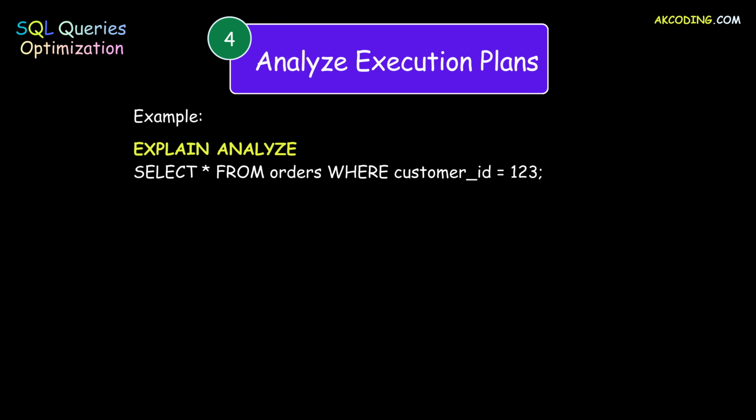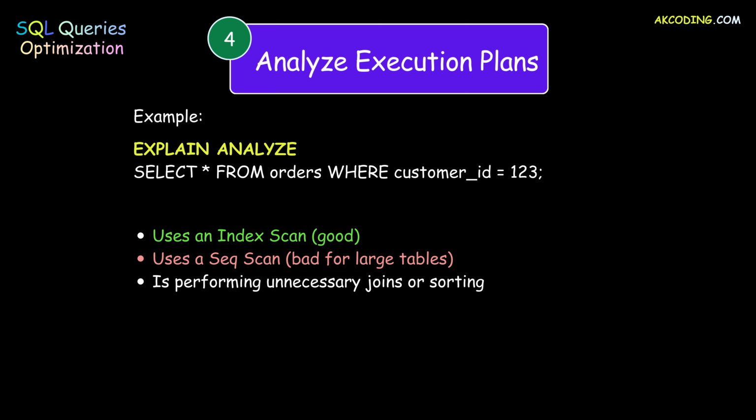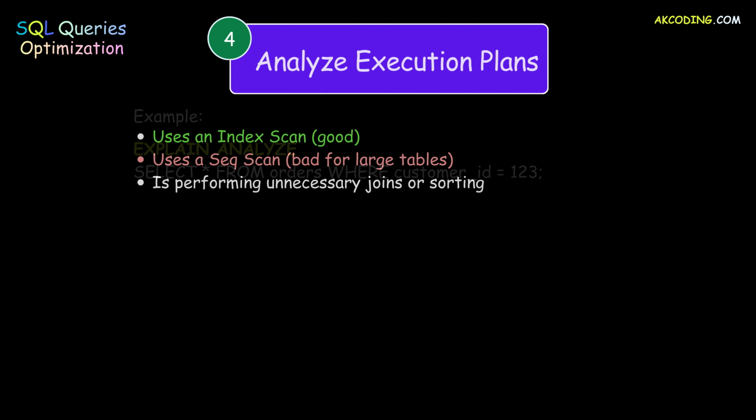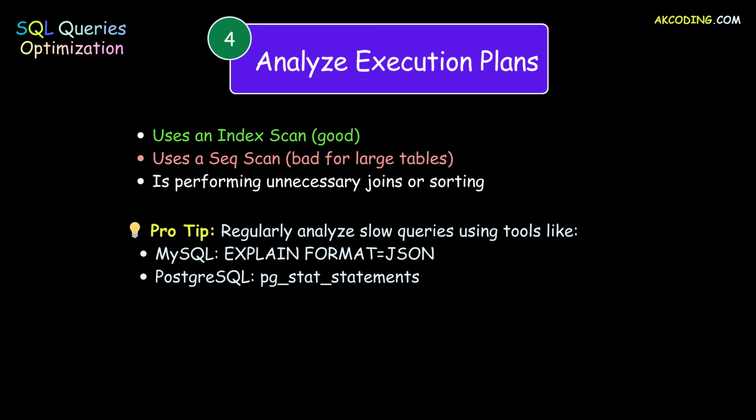You will see if your query uses an index scan, that's good. If your query uses a sequential scan, that is bad for large tables. It performs unnecessary joins and sorting. The pro tip is to regularly analyze slow queries using tools.